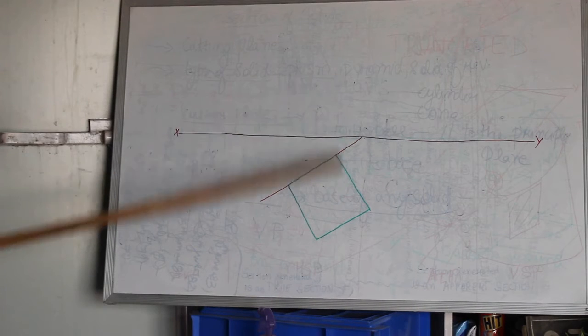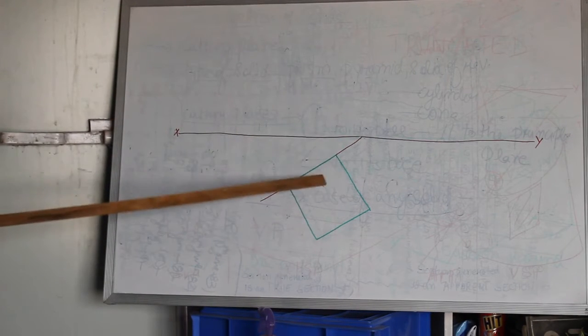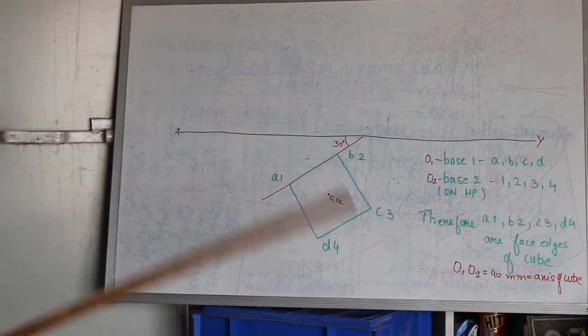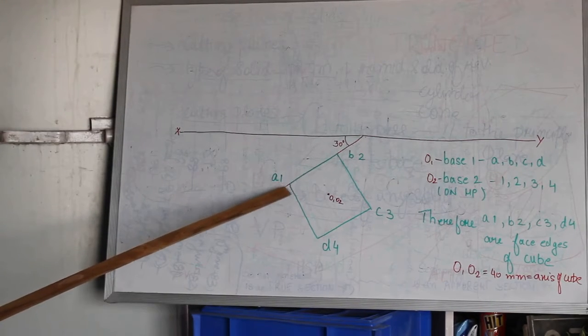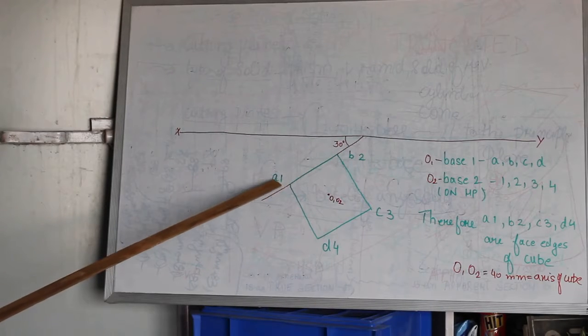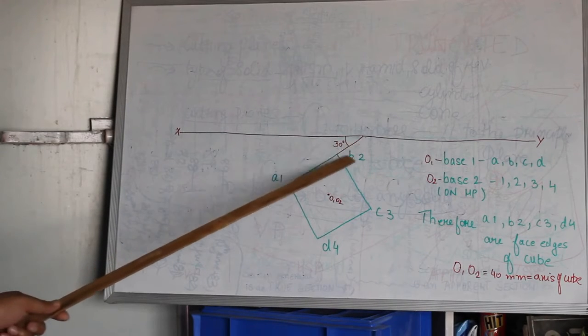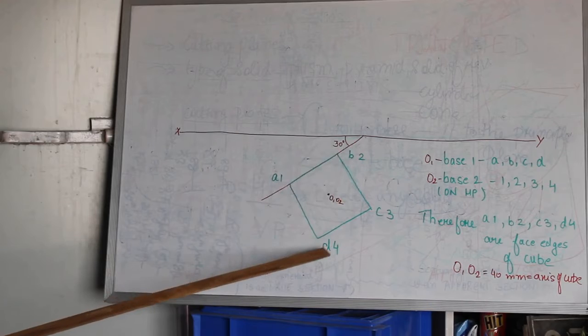I'll show you how they look in the question. In this question, I have marked the points for base 1 and base 2. It is like what I have said: A1, B2, C3 and D4.